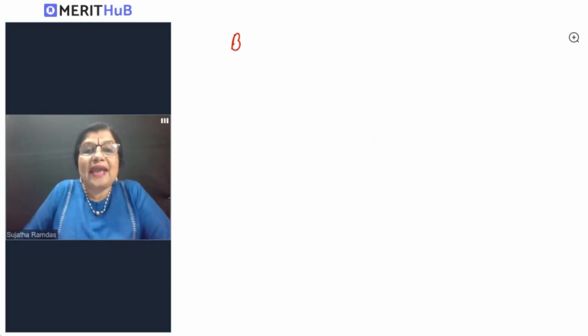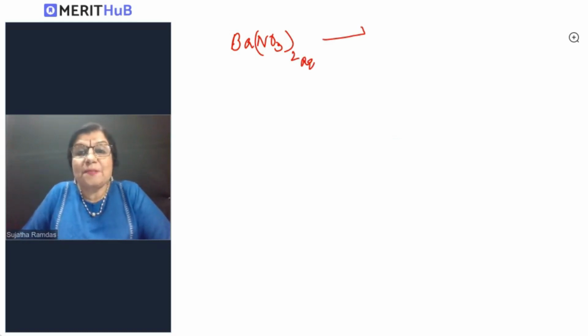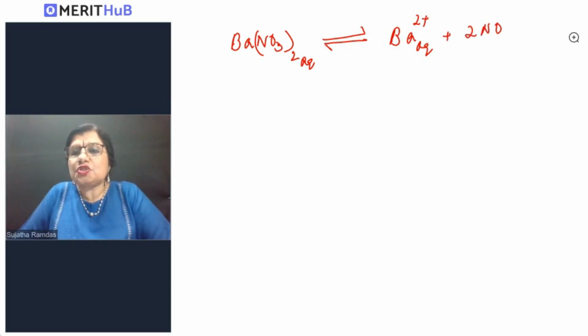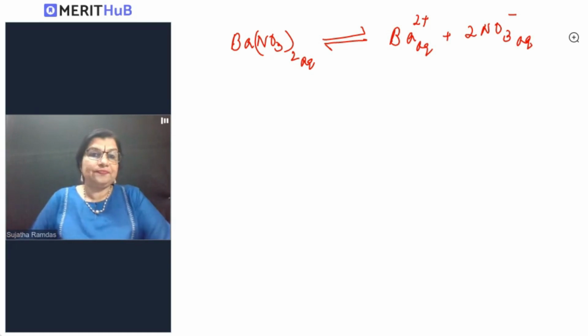So let's write barium nitrate. Barium nitrate aqueous solution, because it's mentioned degree of dissociation, let's put a reversible arrow, gives you Ba2+ in aqueous solution plus 2NO3- in aqueous solution, right?